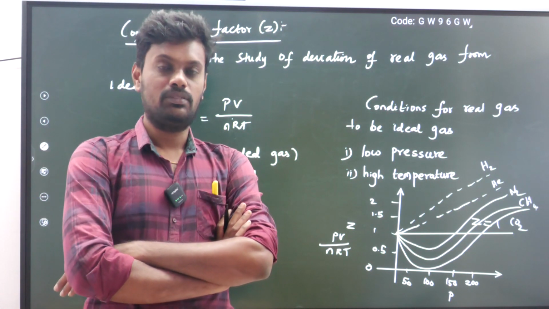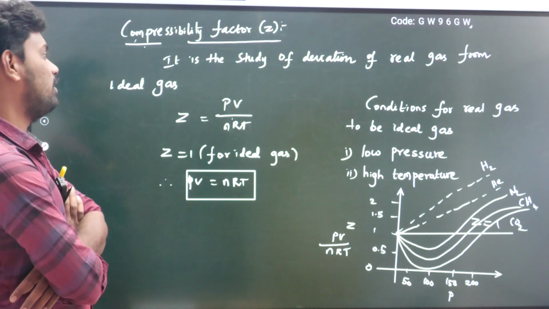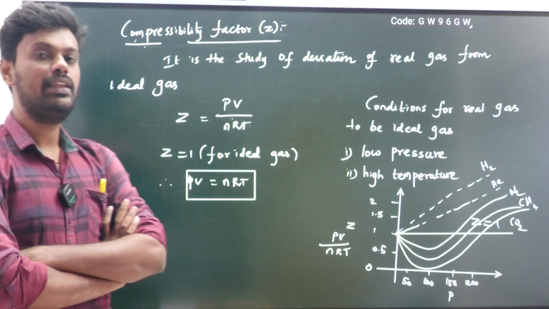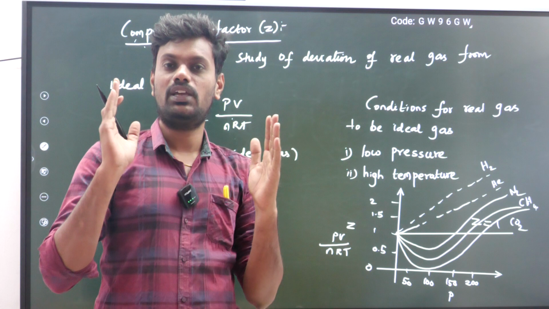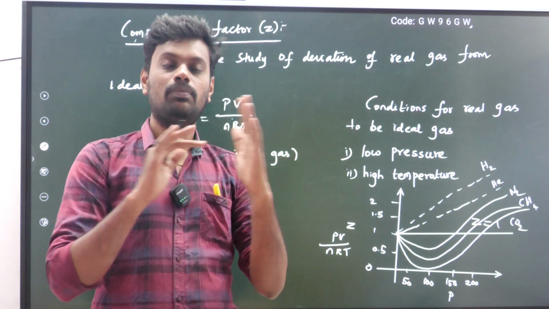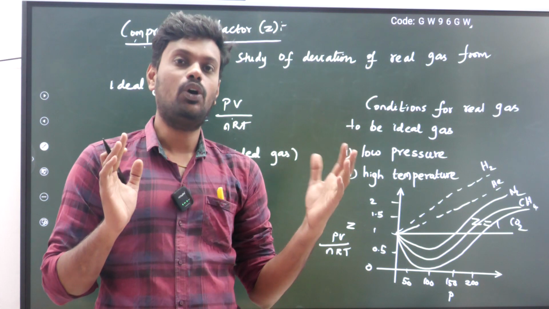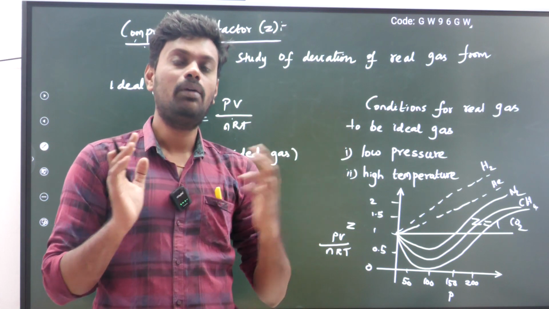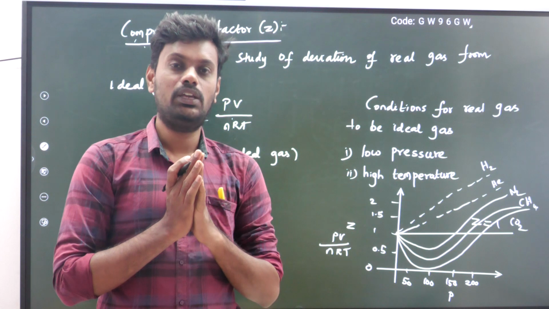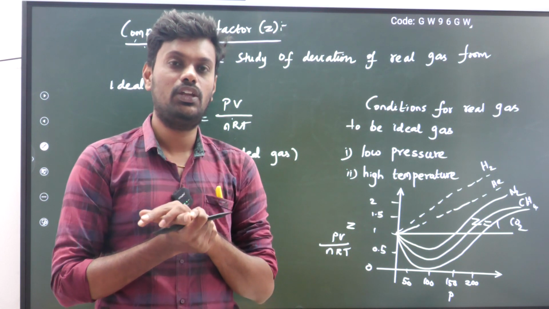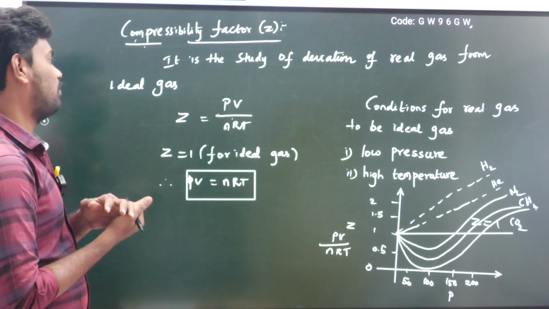That is an ideal gas. Now the compressibility factor is the study of how much deviation a real gas has from an ideal gas, how far the real gas is from the ideal gas. So it is a study of deviation of real gas from ideal gas.